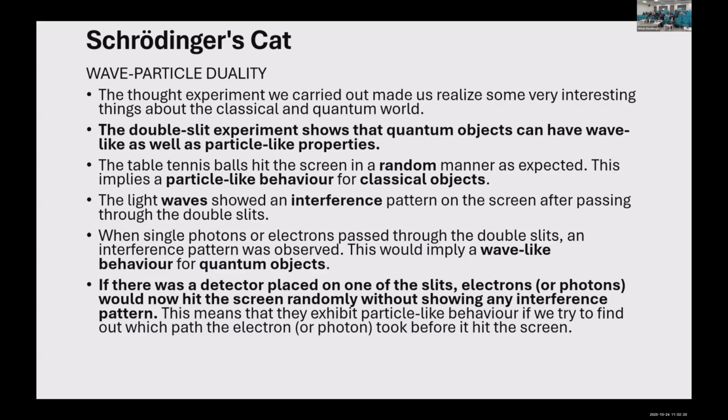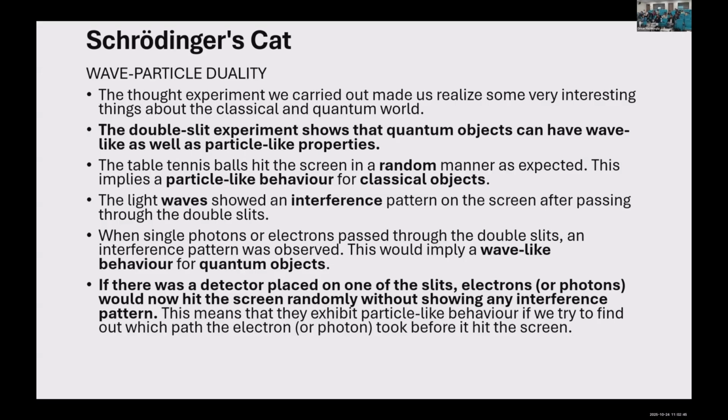Haven't you played with balls when you were little kids and thrown them at the wall? I've never seen interference. It's only random, right? This implies a particle-like behavior for classical objects.